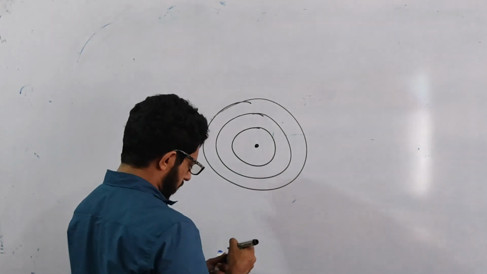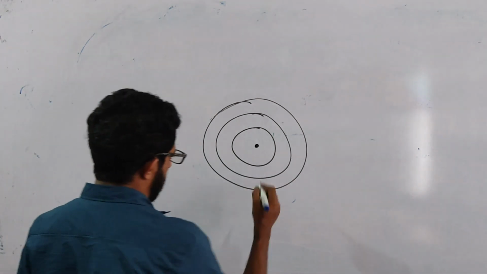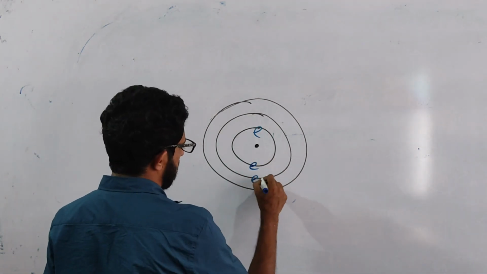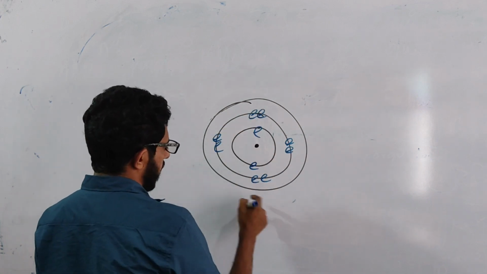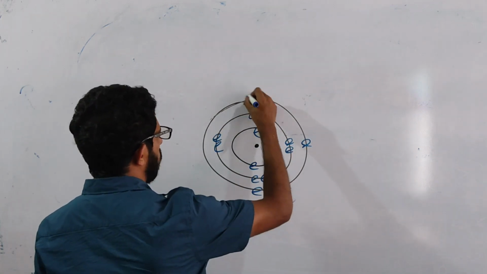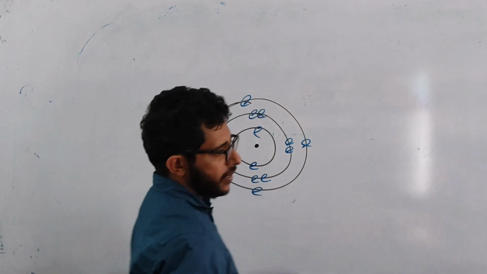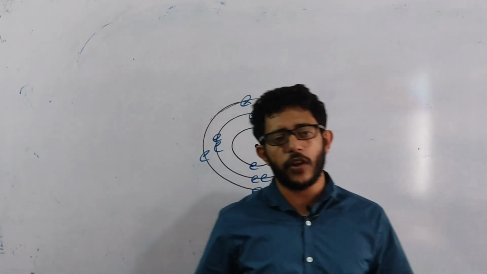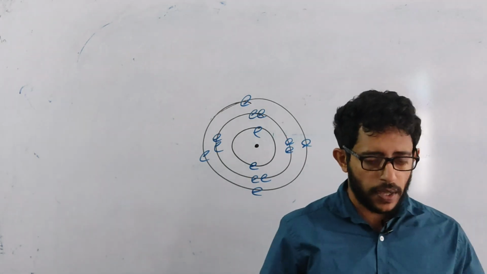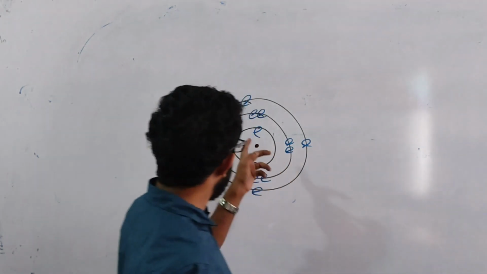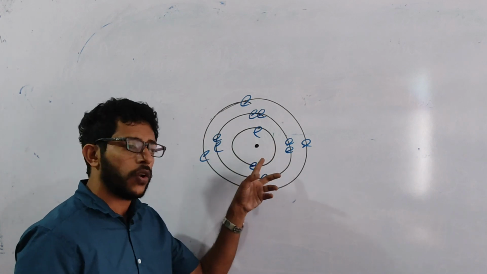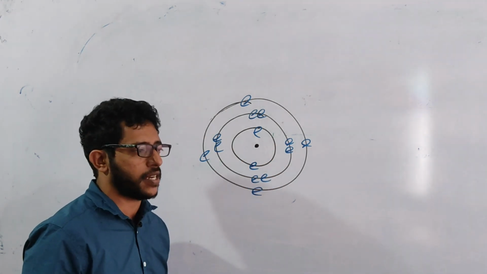When there are electrons in the inner main levels, the electrons in the outermost level don't get that much nuclear attraction, because the protons in the nucleus tend to pull electrons, but the inner electrons tend to gain most of that attraction.